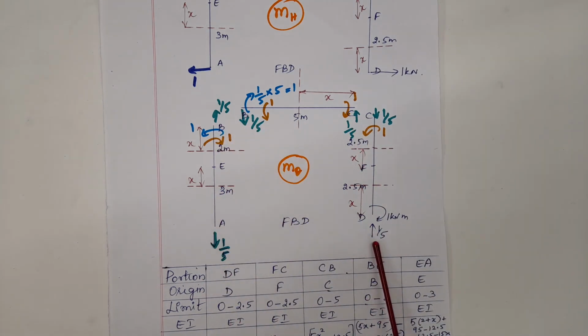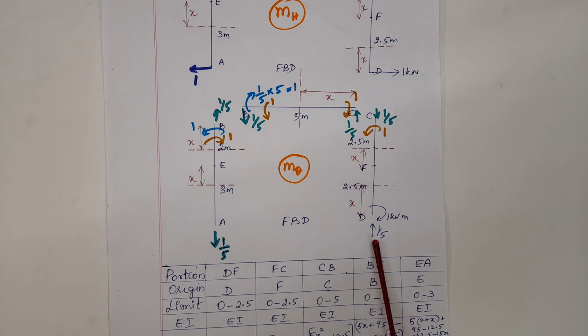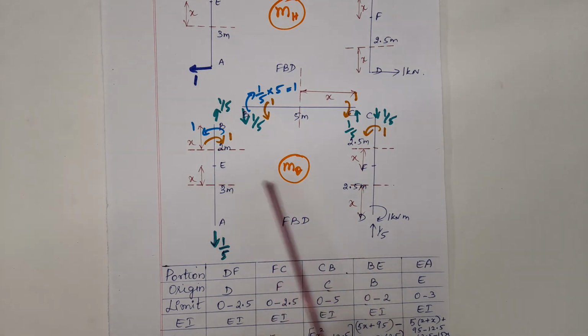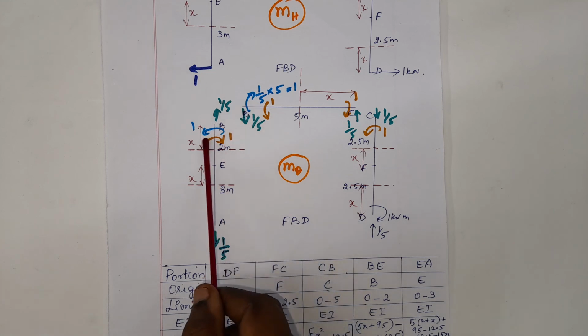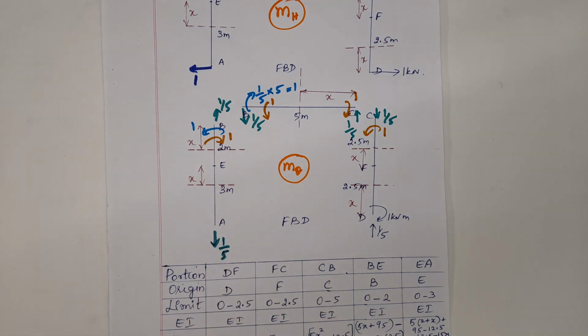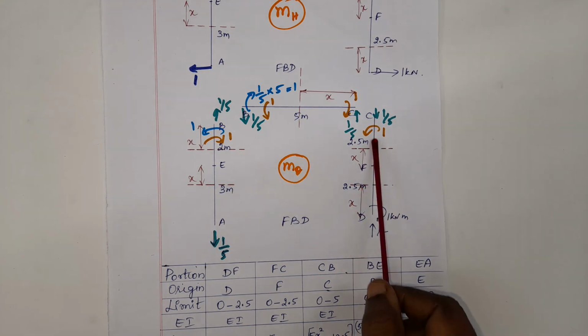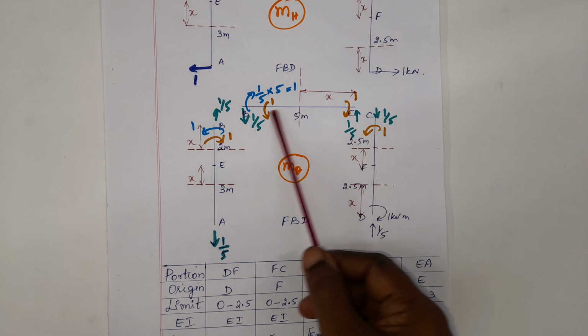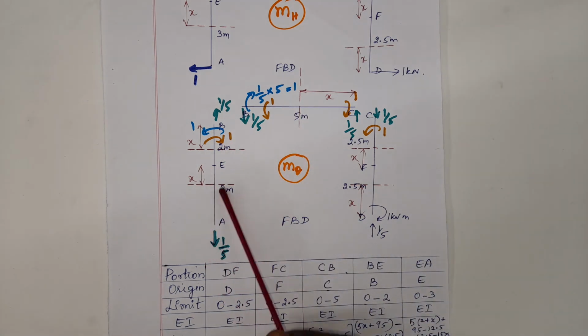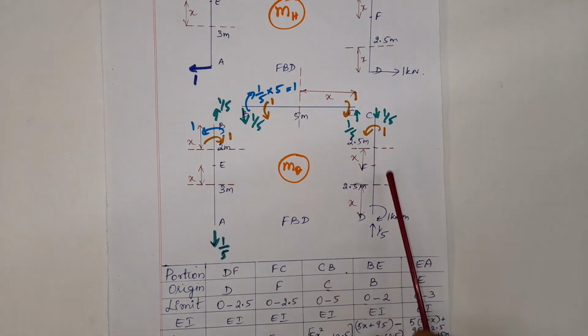Next, this reaction will cause a resisting moment at joint B since it has some distance. So 1 by 5 into 5 will be the moment caused at B. That is shown in blue color, equal and opposite. This 1 kilonewton which you applied will have a resisting moment at the other end and it follows a particular sign. With these moment values, expressions are written about the same sections considered and that is shown in the tabulation.